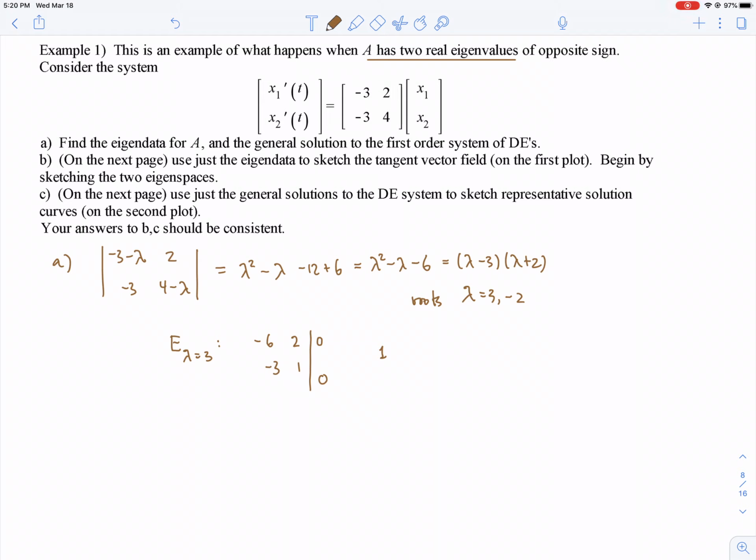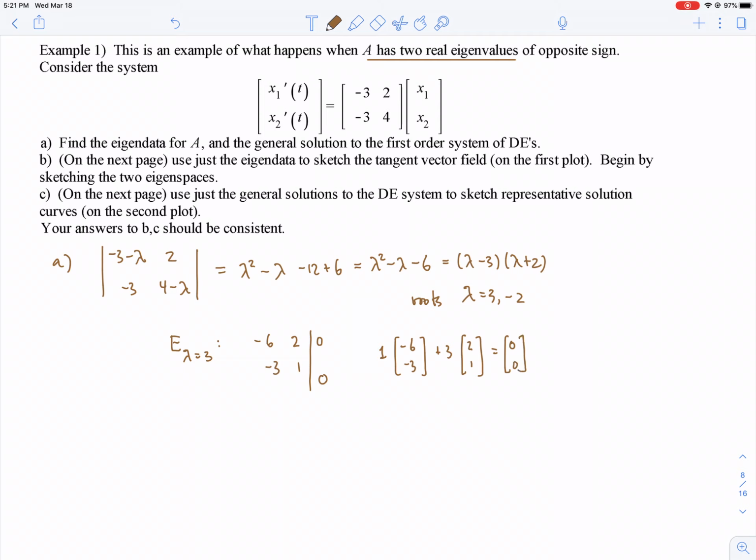If I take 1 times the first column plus 3 times the second column, I get 0.